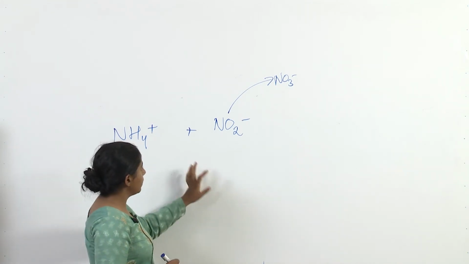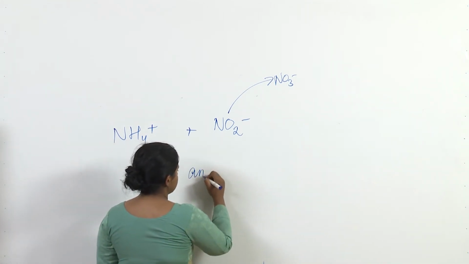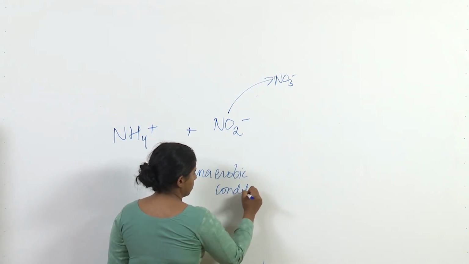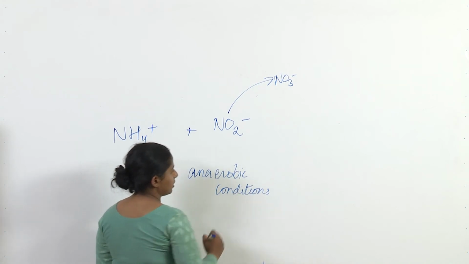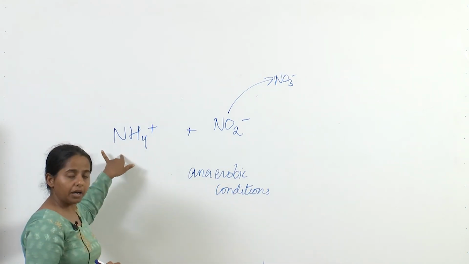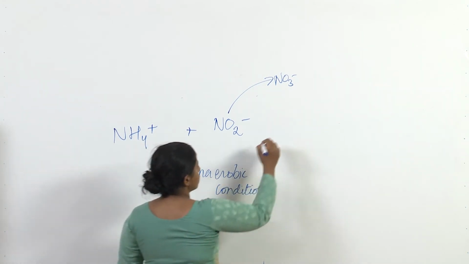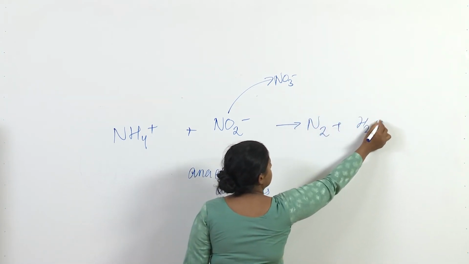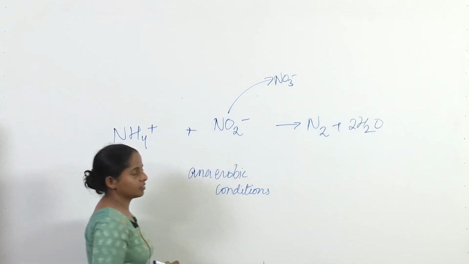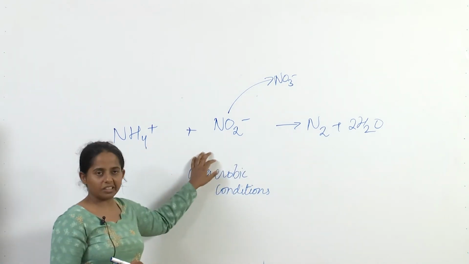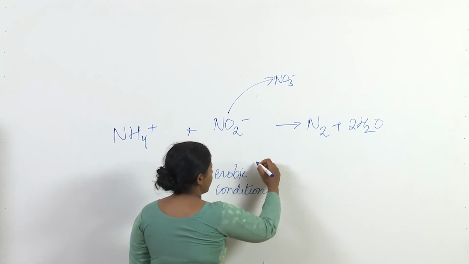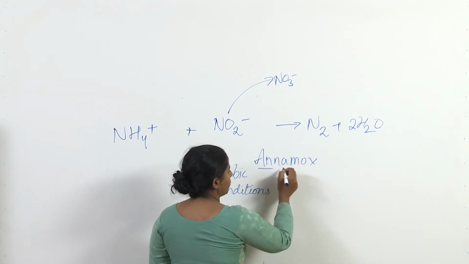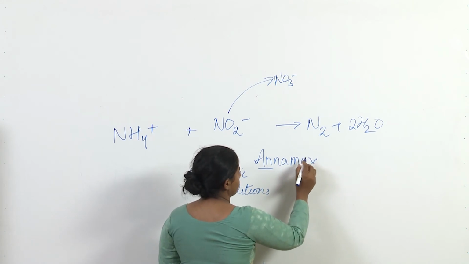Now this nitrite, under anaerobic conditions, can combine with ammonia to form nitrogen gas and release water. Now this is not a chemical reaction, this is done by microbes, and these microbes are called anammox, anaerobic ammonia oxidizing bacteria.